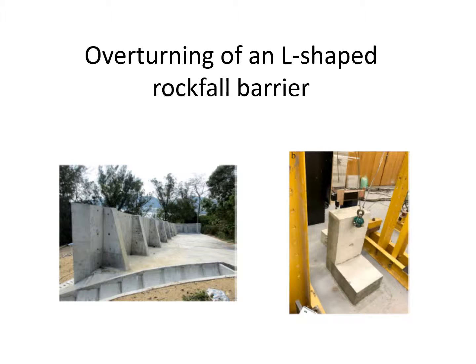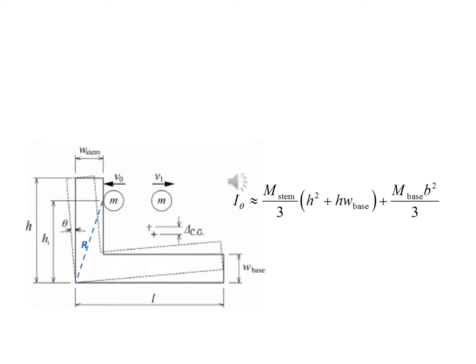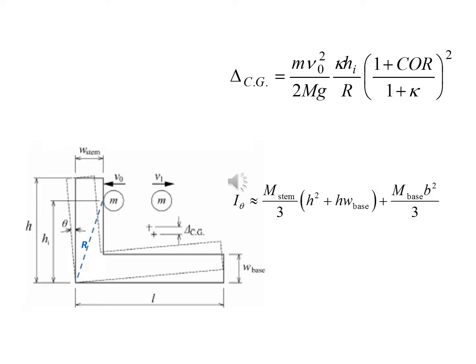An L-shaped cross-section is representative of reinforced concrete barriers being used for landslide protections. The expression for determining the value of the lifting of the center of gravity is the same as we have seen before for predicting the overturning of a rectangular shaped object.